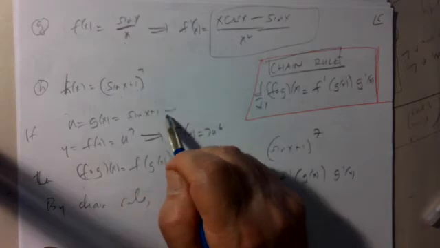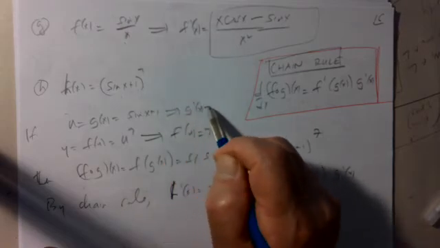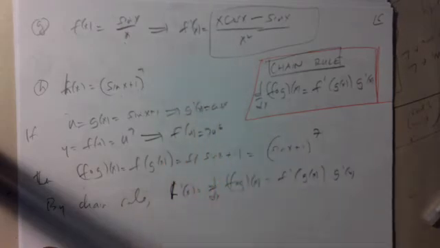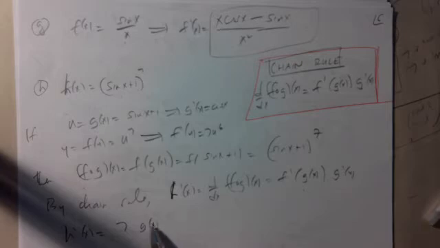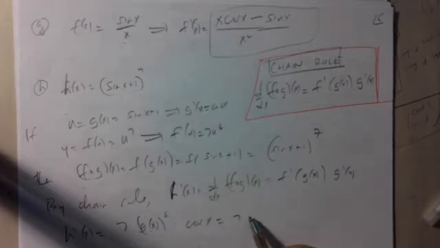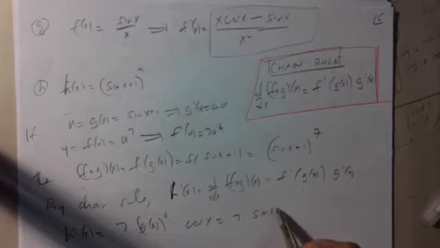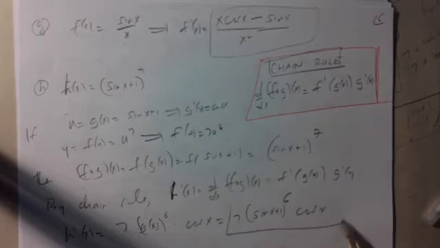And if g of x is sine x plus 1, g prime of x is cosine x. So h prime of x is equal to f prime, 7 times g of x to the 6th times g prime of x, times cosine x. So that's equal to 7. What is g of x? Sine x plus 1 to the 6th times the cosine of x.